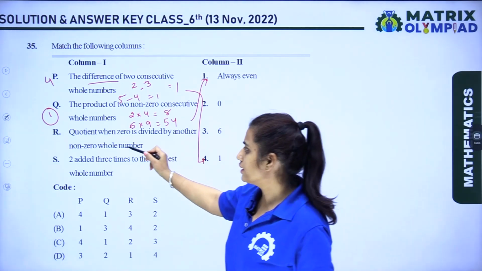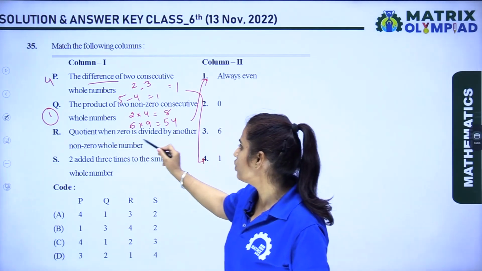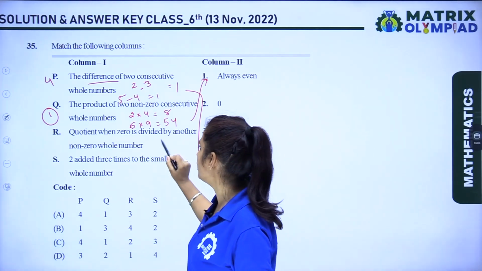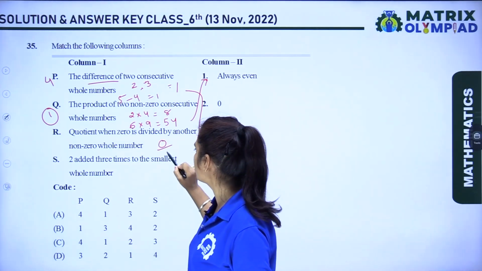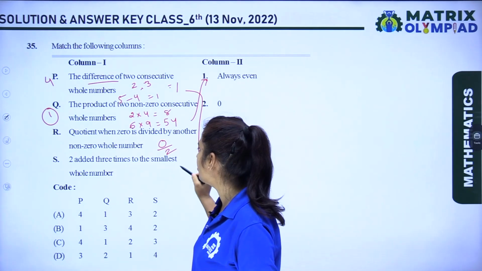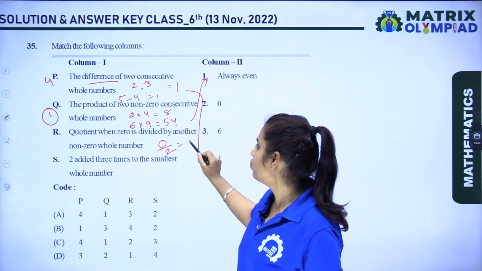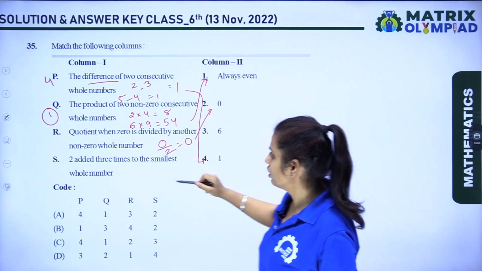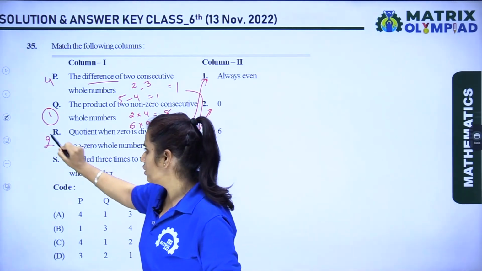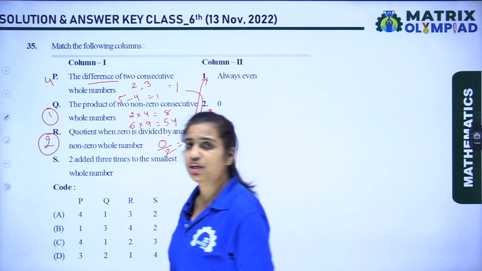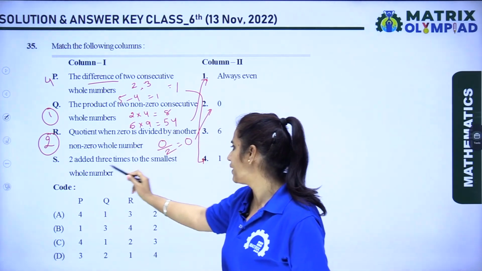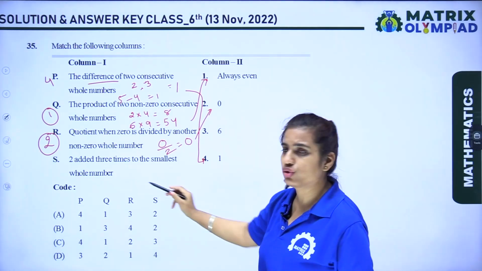Now the next is the quotient when 0 is divided by another non-zero whole number. It means 0 is divided by another non-zero number. Let's take two, 0 divided by 2 is 0. So here the correct answer is 0, and that is in the second part of column 2. Next, 2 added 3 times to the smallest whole number.